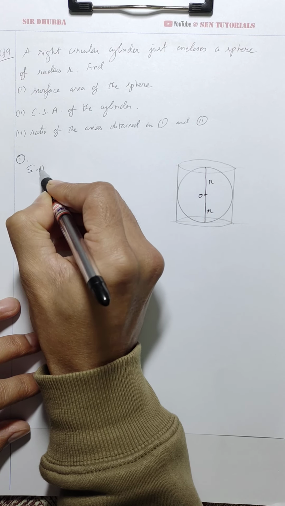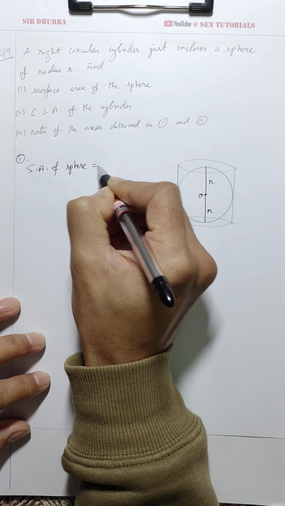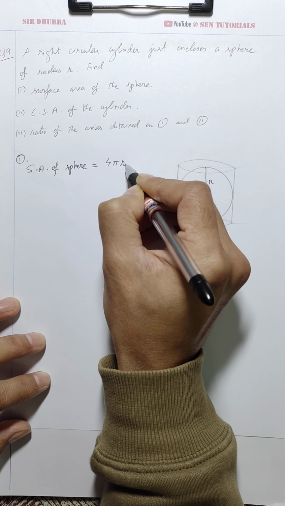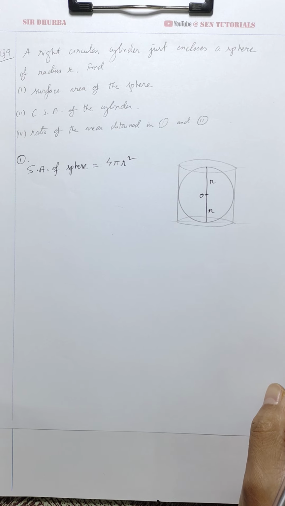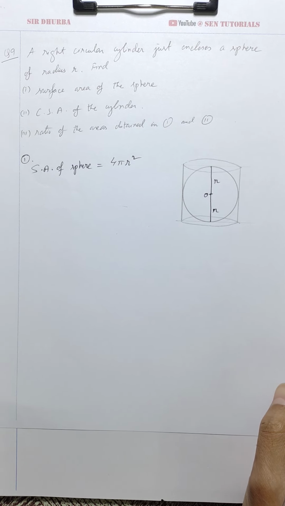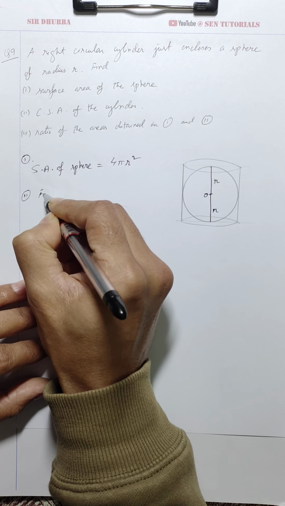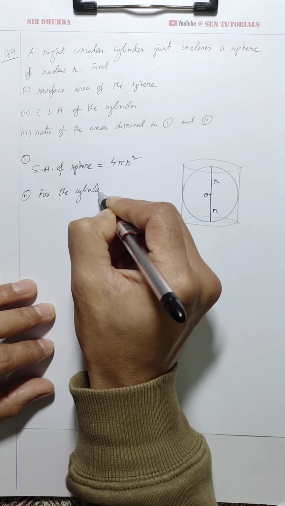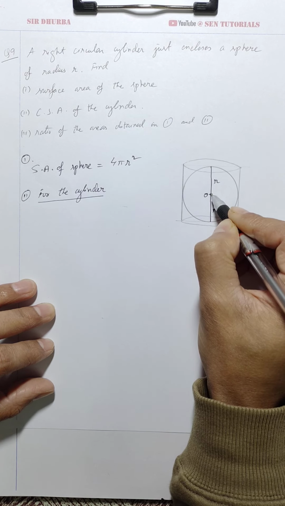Surface area of the sphere. Surface area of the sphere will be 4 pi r square. But that's all. There's nothing much we can do there. Now for the second one, for the cylinder, what will be the radius of the cylinder?